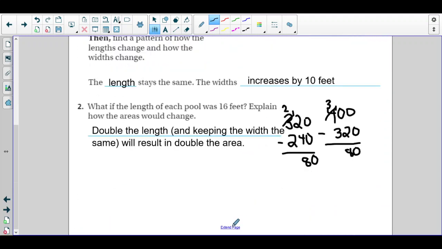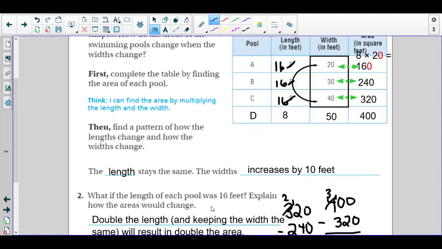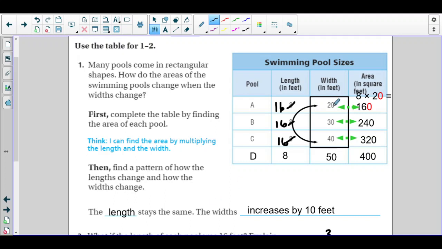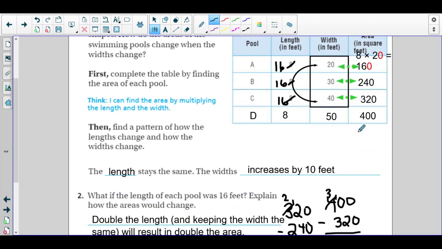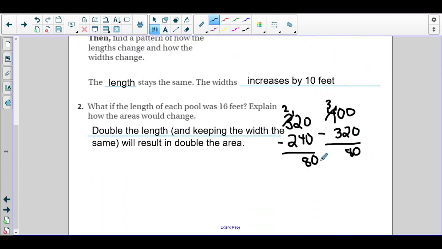I guess the bigger question would be, why 80? And your hint would be right here: when we double 20 to 40, then we double the area, 160 to 320. But if we don't double it, if we just increase it by 50%, we're not increasing by the full 160, we are increasing by half of it. And what is half of 160? You guessed it, 80.